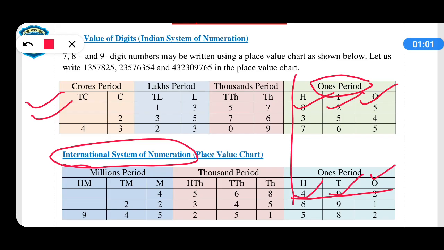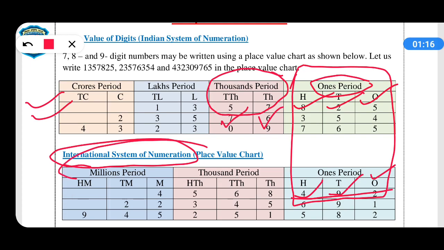It is the same in both the tables, right? Now in the Indian system, this is thousand period, thousand and 10,000. But in the international system, it is thousand, 10,000, then 100,000, right?